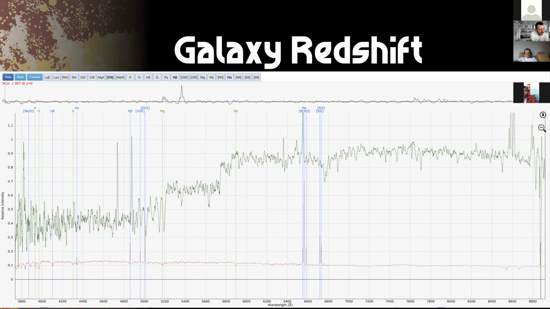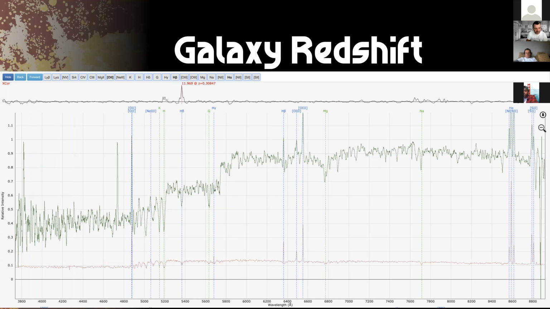But if I shift my laboratory spectrum towards the red end, so I move it towards the right, when I get to a particular point, you can see that suddenly there is a really good agreement between the absorption lines and emission lines in my laboratory and the absorption and emission lines that I see in my distant galaxy.